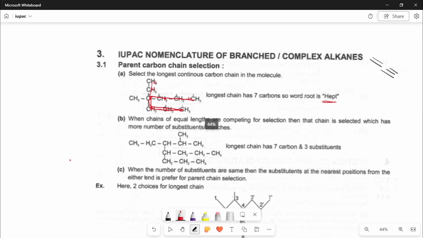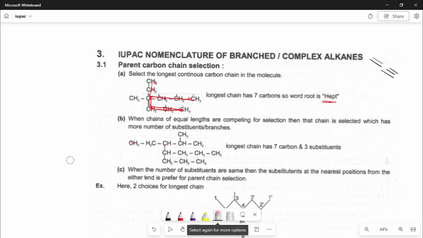If a compound is read from different endpoints and contains the same word root, then we see which has the most substituents. Substituents are like this thing, detached from the main chain. If we count from here, 1 2 3 4 5 6 7, we will only get 2 substituents.